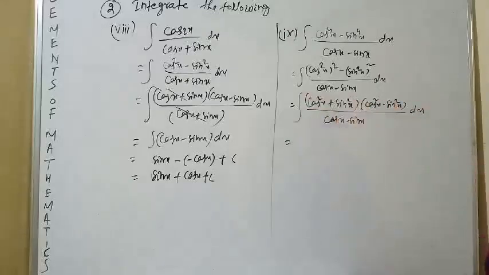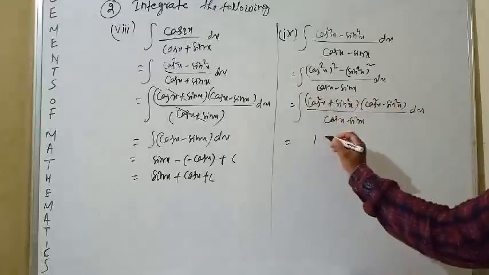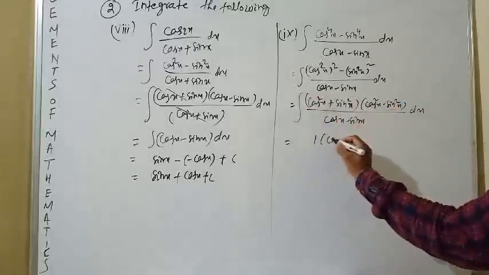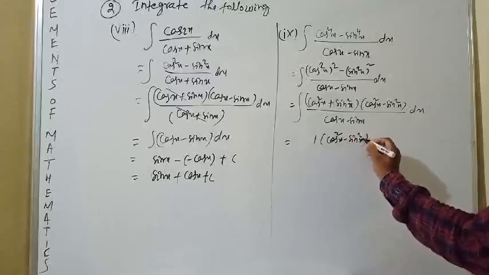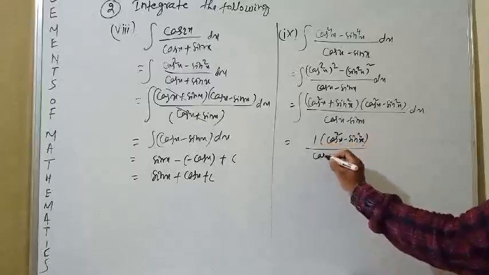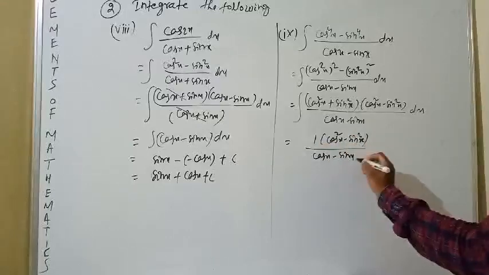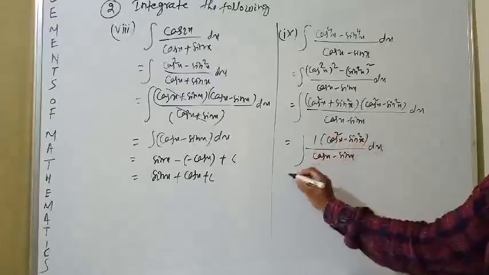You see, cos square x plus sin square x is equal to 1.